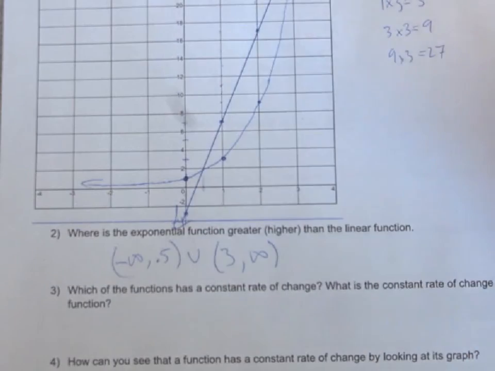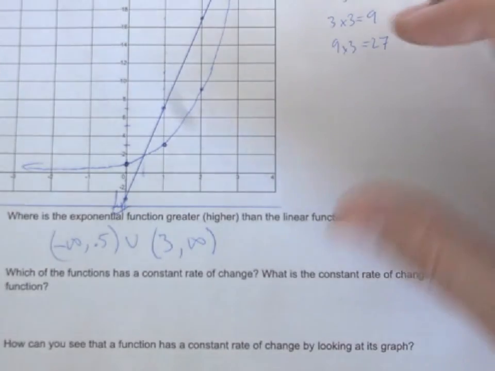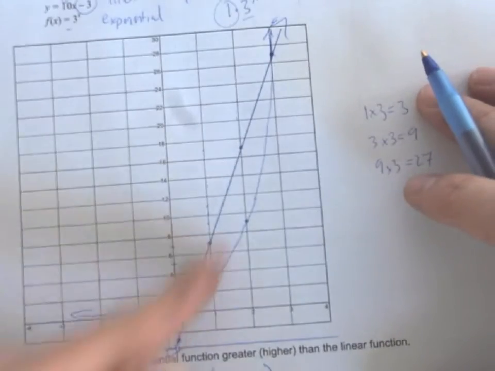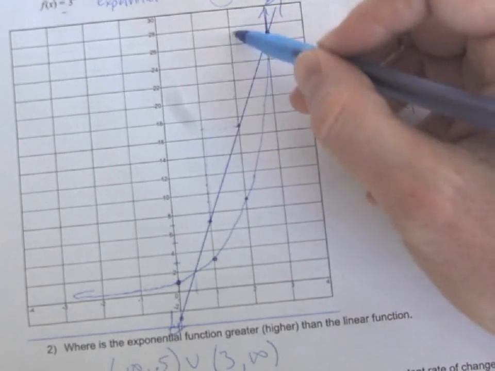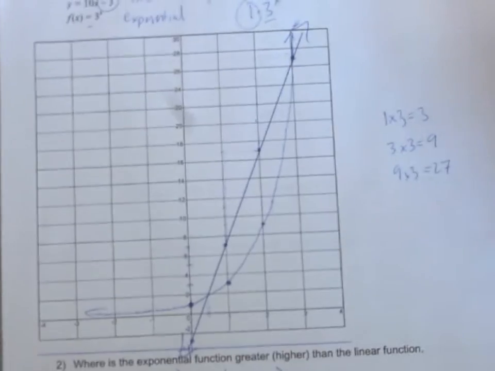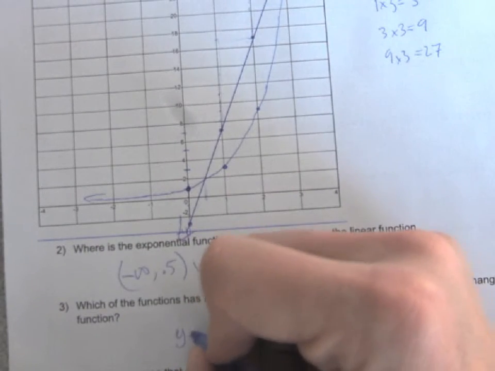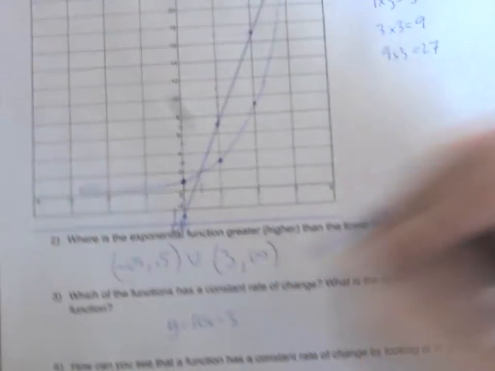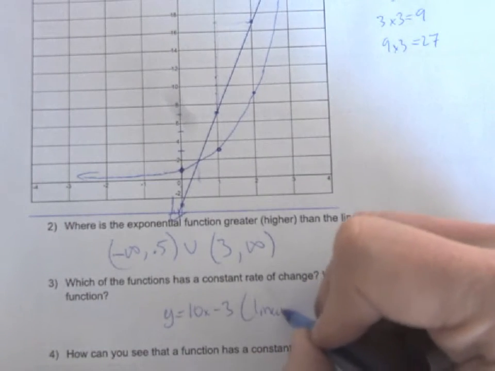Which of the functions have a constant rate of change, and what is the constant rate of change? Well, it's the linear one, right? It's the one that's a straight line. That constant rate of change we can see right here. 10 over 1, 10 over 1, 10 over 1. It's always 10 over 1. Stays straight the whole time. So the linear function, y equals 10x minus 3, is the function that has a constant rate of change because it's linear.